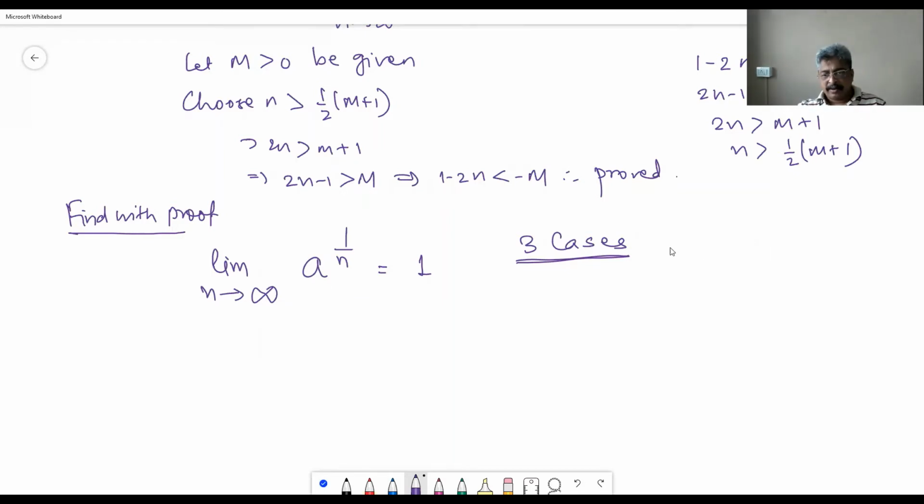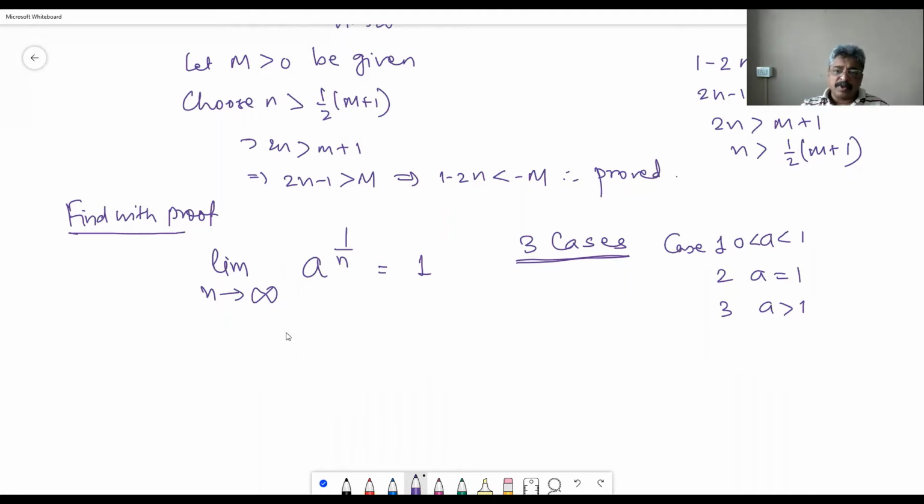Case 1, a between 0 and 1; case 2, a is equal to 1; case 3, a greater than 1. That is how this function is going to be a little different. So maybe we have to write 3 different proofs for 3 different cases.